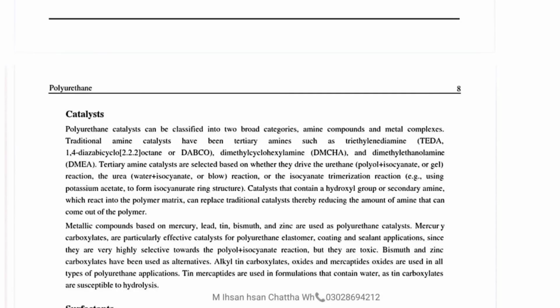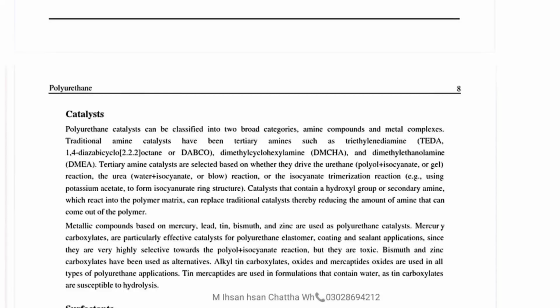Metallic compounds mostly utilized here are mercury, lead, tin, bismuth, and zinc as catalysts. Mercury carboxylate is a particularly effective catalyst for elastomer polyurethane coating and sealant applications, with selective polyisocyanate reaction.